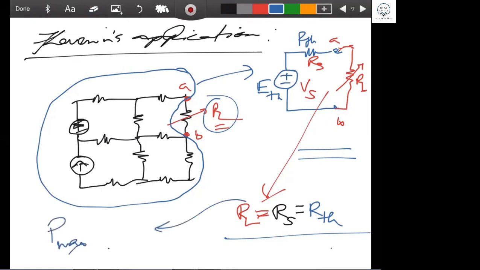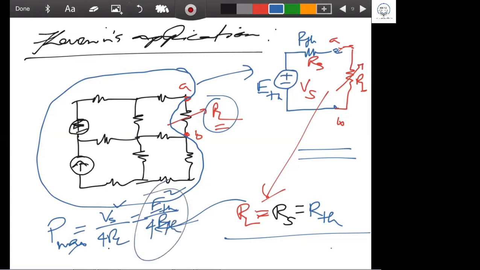P max will be equal to, what is the formula? Vs square by 4 RL, right? In Thevenin's theorem, it will be E Thevenin square by 4 RL, and RL means R Thevenin. So you get the same equation.